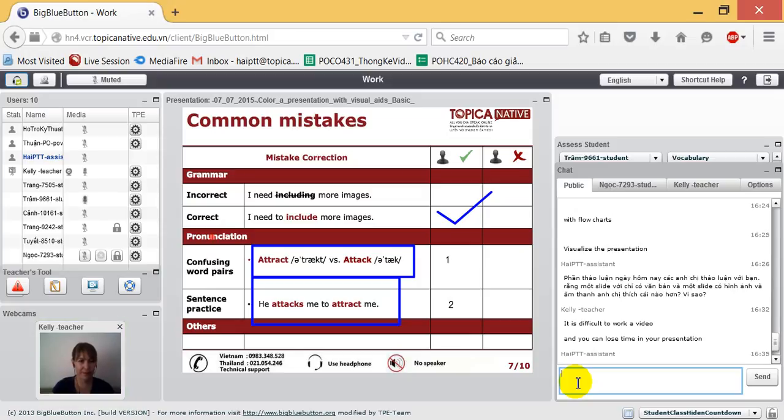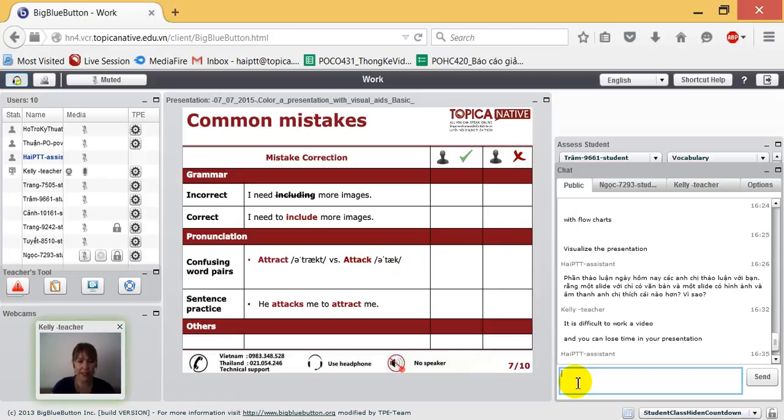He attracts me to attract me. Thank you. Kang? Attract. He attracts me to attract me. Thank you. And Tuyết? He attacked me to attract me. Okay, thank you. All right, wonderful job, everybody.